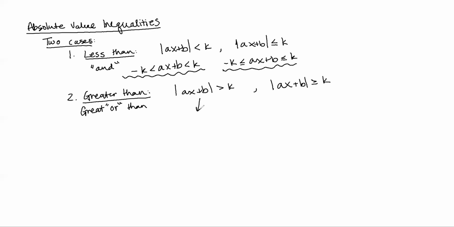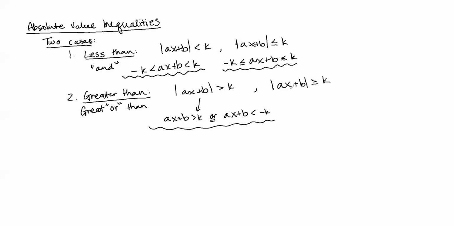So this first one is going to become ax plus b, keep the original, so greater than k, or ax plus b. Now we're going to change the sign of k to negative k. And remember, when you multiply by a negative, you have to flip your inequality. So that becomes a less than negative k.